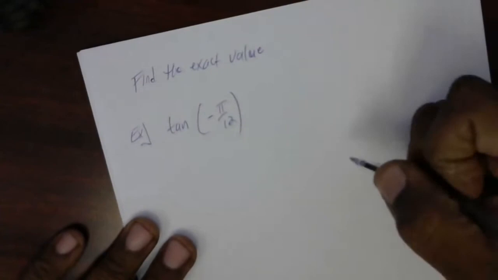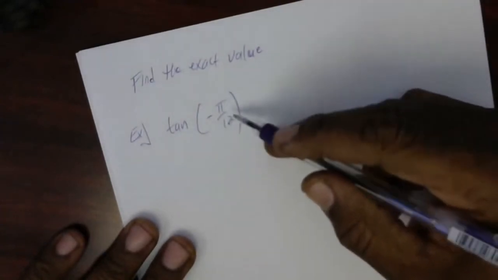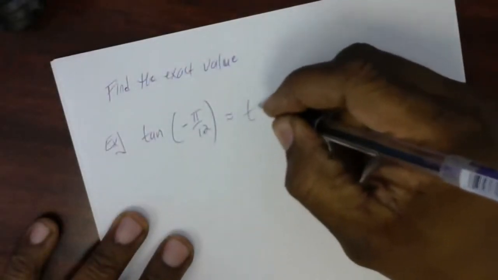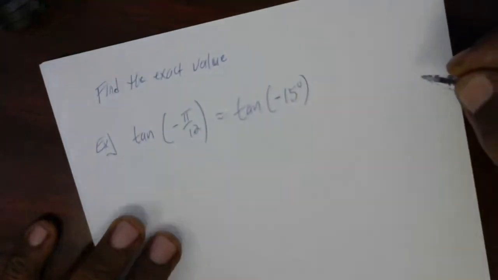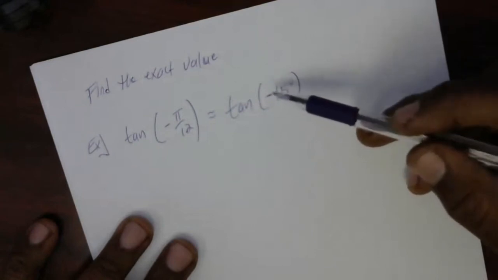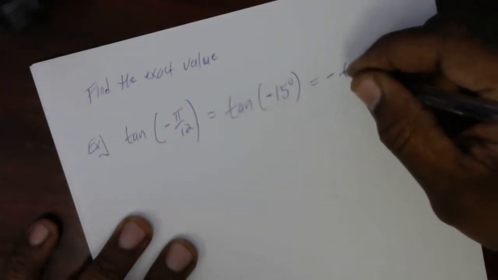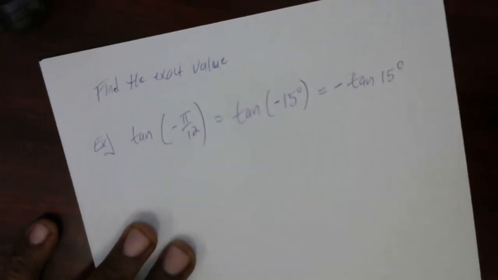And we want the exact value, so I'm just going to convert negative pi over 12 radians to a degree. So this is equal to the tangent of negative 15 degrees. I'm going to use the negative number identity. I'm going to push the negative in front and express this as negative times the tangent of a positive 15 degrees.